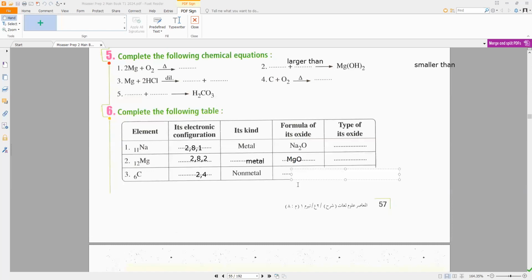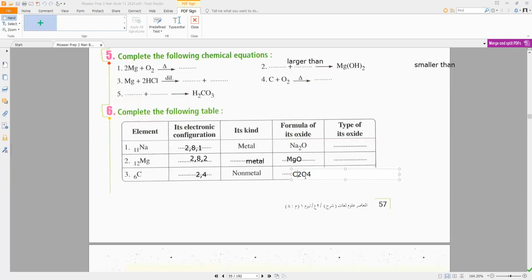The carbon oxide, its formula is CO. But carbon is tetravalent, and we write its valency under the next atom. So we write 4 at the bottom of oxygen.